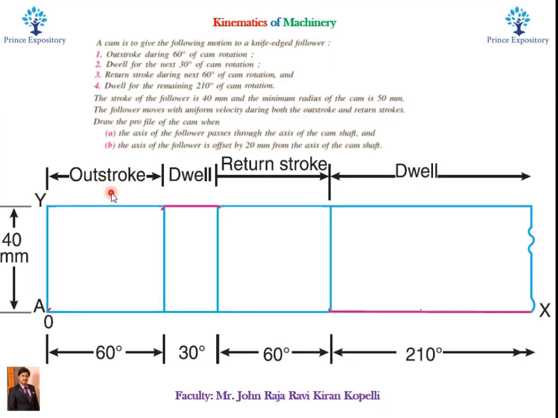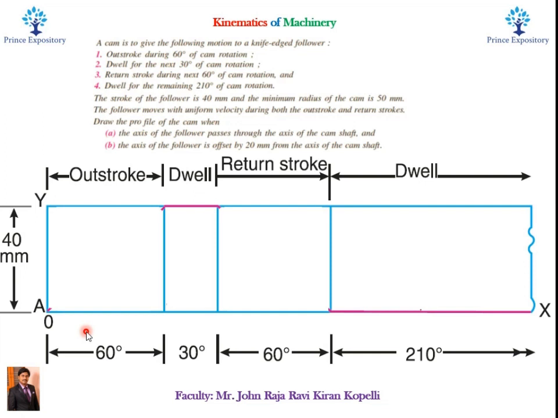Now the outstroke and return stroke are prominent divisions because we are concentrating mostly on the outstroke and return stroke. The reason being, in the question it was mentioned, the follower moves with uniform velocity during both the outstroke and return strokes. That is the reason we have to divide this outstroke into n number of equal even parts.